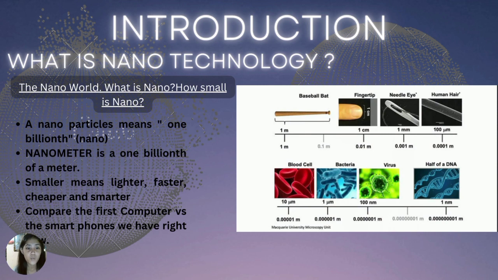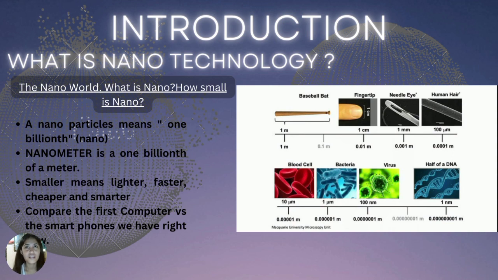Knowing that the first computer, if I am not mistaken, was ENIAC 1 and ENIAC 2. These computers are very large, very heavy, and not really that accurate, right?